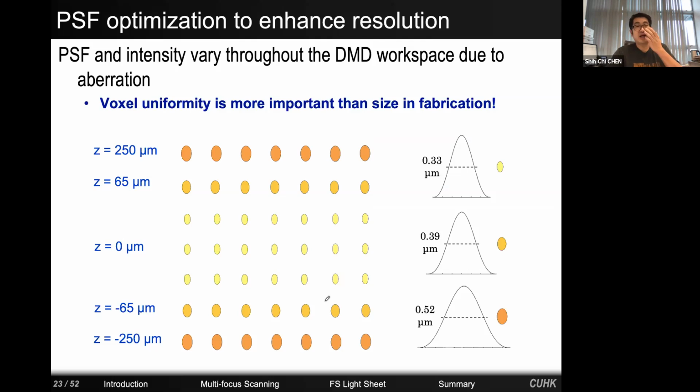And one issue I'd like to mention is, if you manipulate the wavefront to induce scanning or displacement of the focus, you will find that as you move away from the focal plane, your point spread function or voxel size is going to degrade.